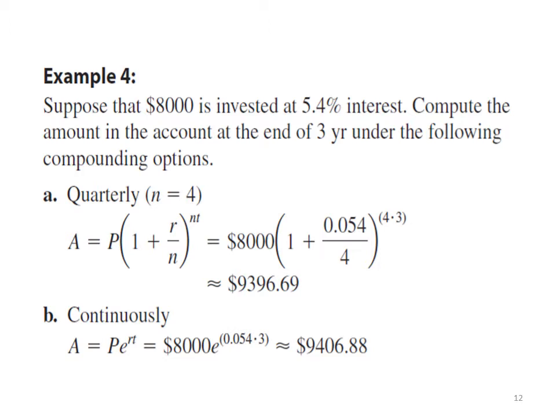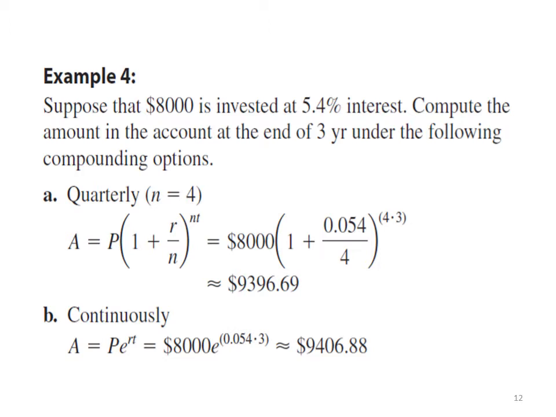Quarterly means you compound 4 times a year, so n is equal to 4. In this formula, P is the principal, which is 8,000. R is the rate, 5.4%, which is 0.054, divided by 4 because n is equal to 4, raised to the power n times t, which is 4 times 3. The time t is 3 years.